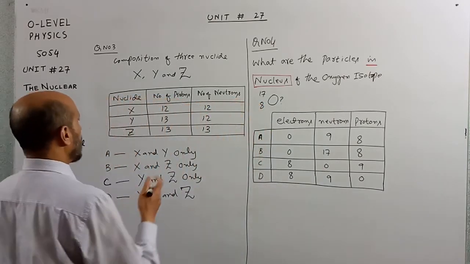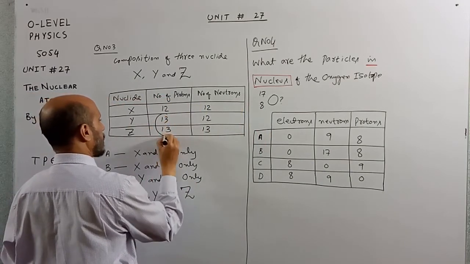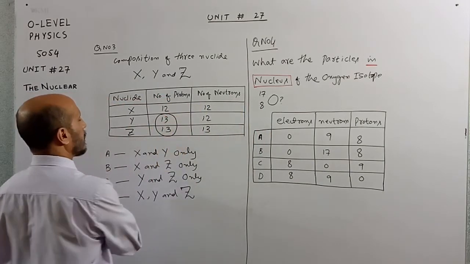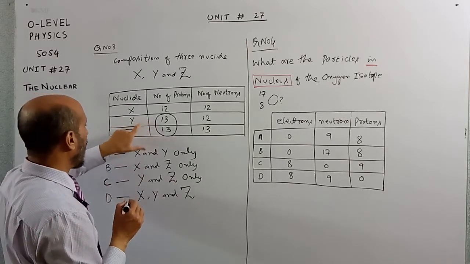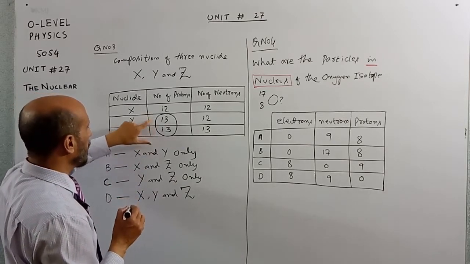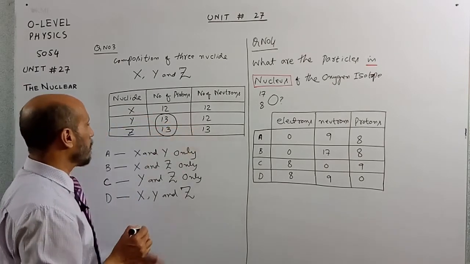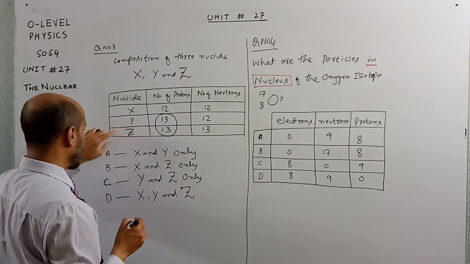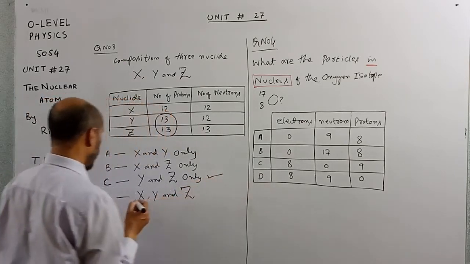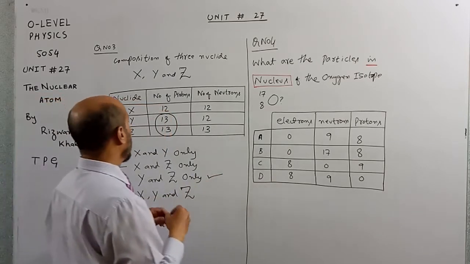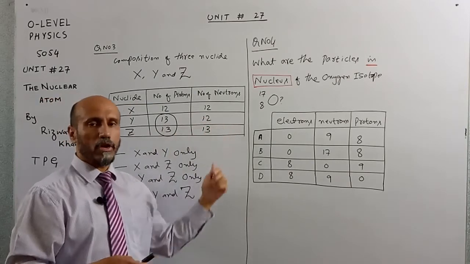So we can see over here that these 2 nuclides, 13 and 13, Y and Z, they are having same number of protons but different number of neutrons. So by definition, Y and Z. So which option is correct option? Option C, because Y and Z have same number of protons but different number of neutrons.